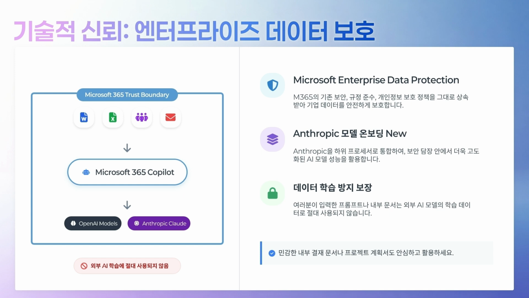In short, the prompt or internal document data you enter will never be used for training external AI models. It means you are essentially borrowing the latest AI intelligence within a secure perimeter.